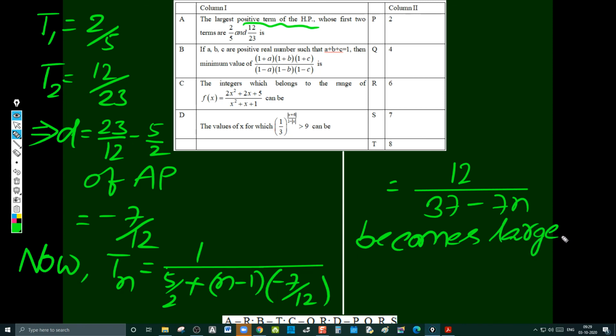When n becomes 5, because if n becomes 6, that will become a negative term. We need a positive term here. So when n is equal to 5, it is the fifth term, T5. Put n equal to 5 there. How much is it? T5 is 6. 12 upon 2 is 6.